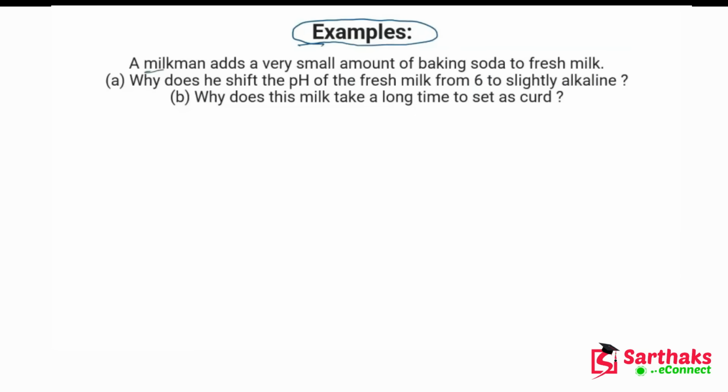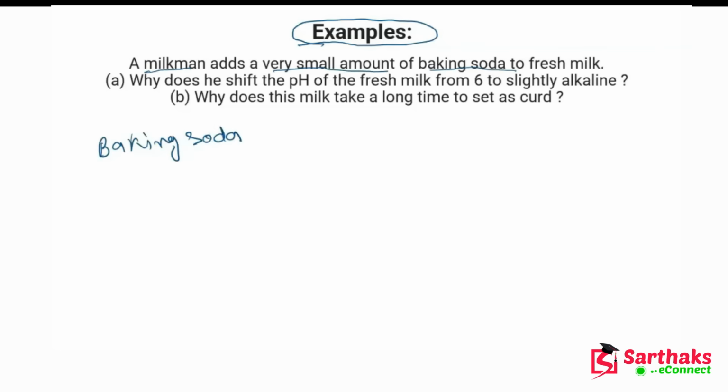A milkman adds a very small amount of baking soda to fresh milk. Why does he shift the pH of the fresh milk from 6 to slightly alkaline? The question says that a milkman adds a very small amount of baking soda.